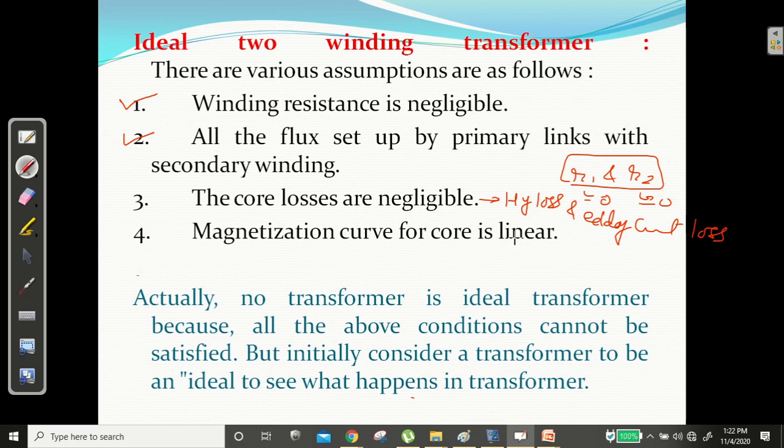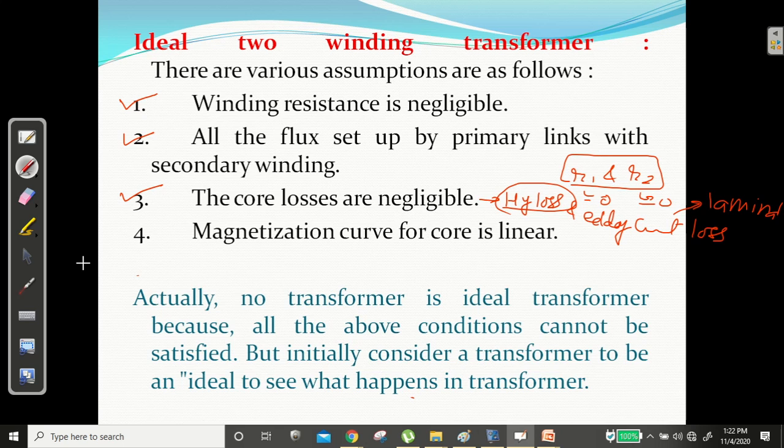Okay, so it will always be there. You can minimize it. How will you minimize the eddy current loss? By using a laminated core. How will you reduce hysteresis loss? By using high grade silicon steel. Clear? So you can minimize it, but it will not be zero. So this is the third condition for an ideal transformer.